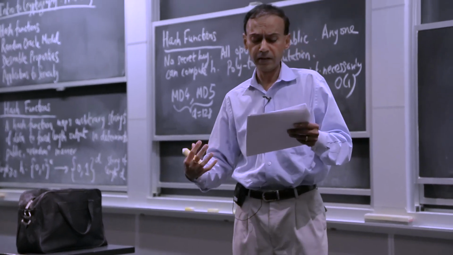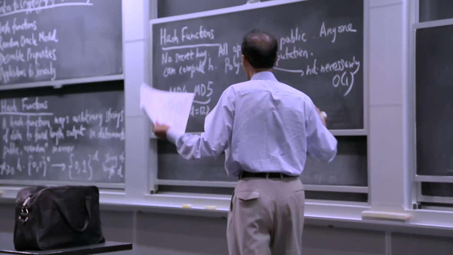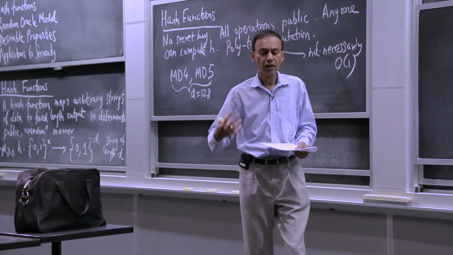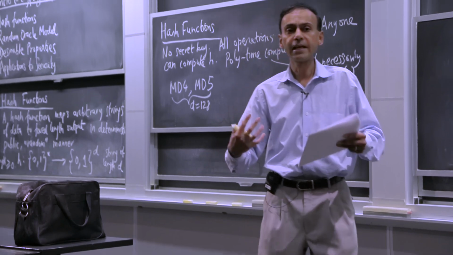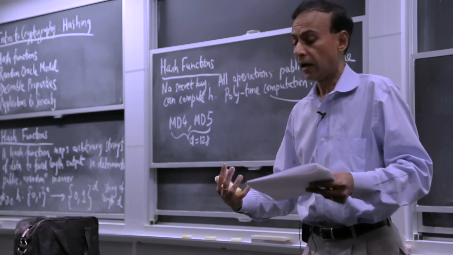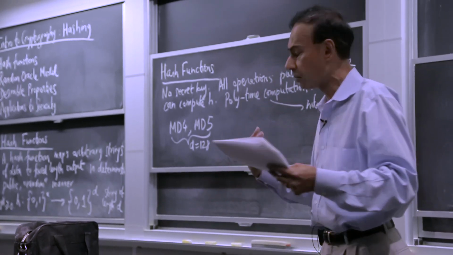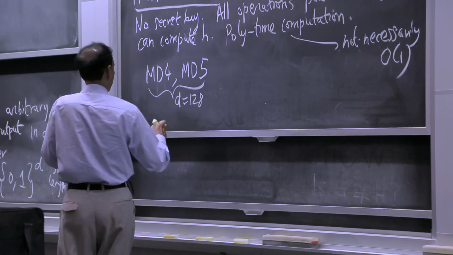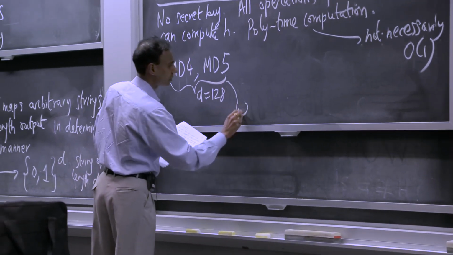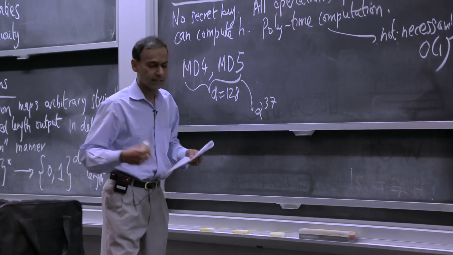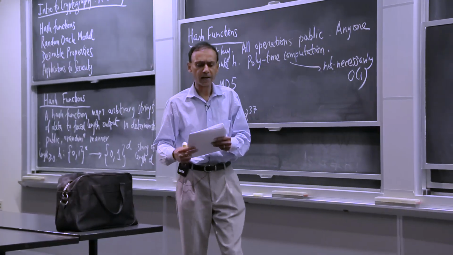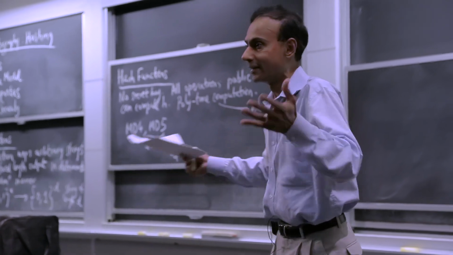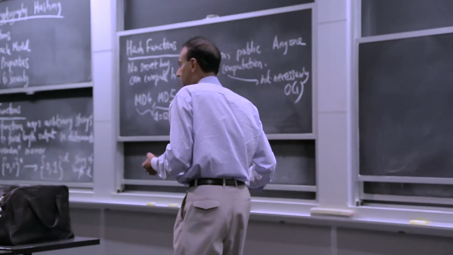These algorithms have since been broken in the sense that it was conjectured that they had particular properties of collision resistance, that it would take exponential time for anybody to find collisions. And it still kind of takes exponential time, but 2 raised to 37 is exponential at one level, but constant in another level, right? So you can kind of do it in a few seconds now.